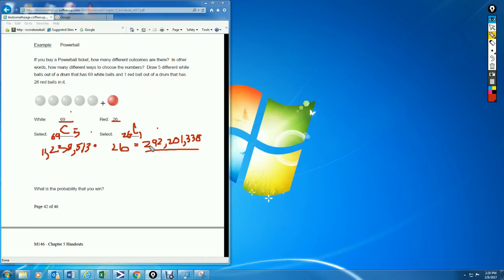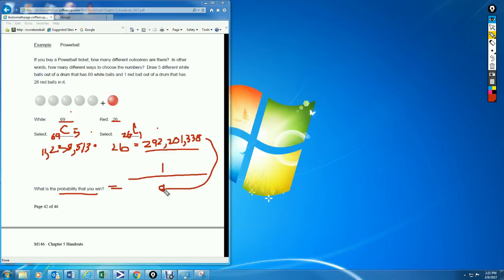Okay, that many ways. So therefore, the probability that you win, there is only one way to win. Okay, so there's only one correct combination of numbers divided by this big giant number.